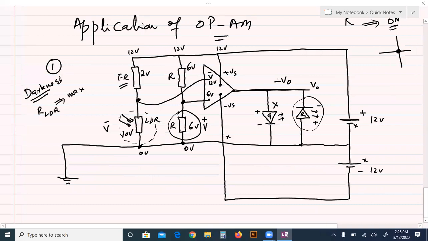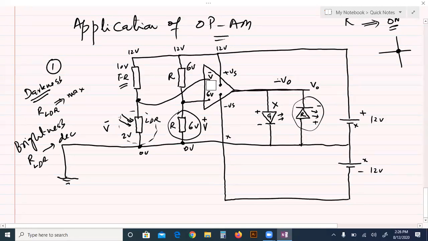Now suppose sun shines, light intensity increases, there is brightness in the surrounding. In bright light, the resistance of the LDR decreases. When the resistance of the LDR decreases, its voltage decreases. For example, instead of 10 here, suppose 2 volt here and 10 volt here.